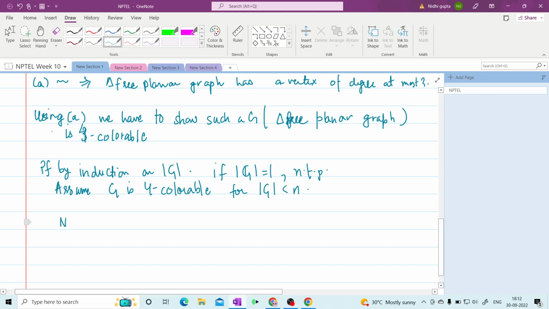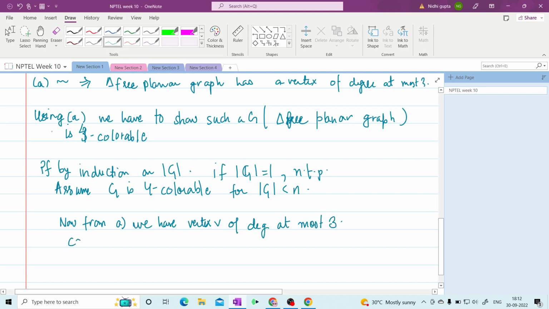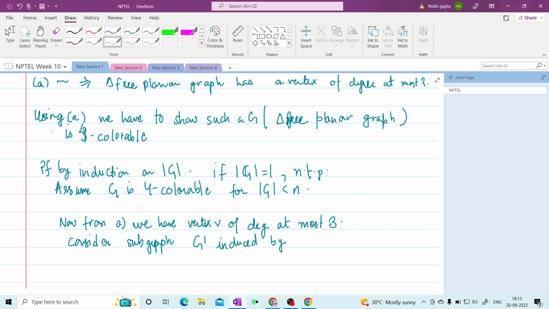Now from A we have a vertex v of degree at most 3. So consider the subgraph G dash induced by the set of vertices minus v, small v.